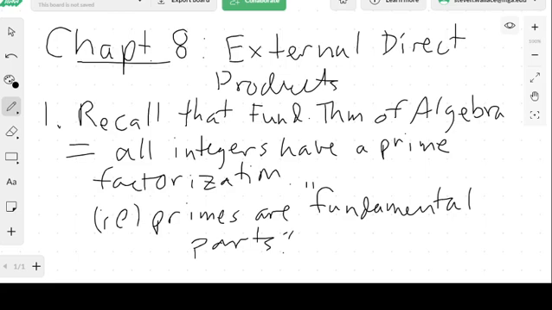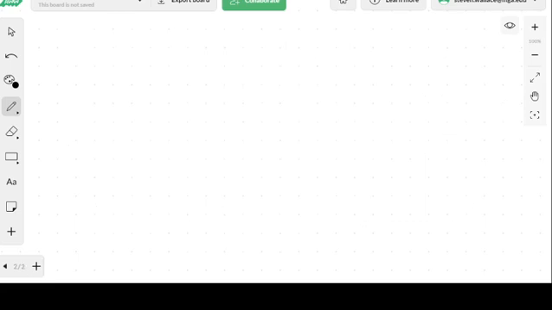So let's take that further and say, well, what about the prime factorization, or the fundamental theorem? How does that transfer? Okay, so first we need a way to get new groups from existing groups.